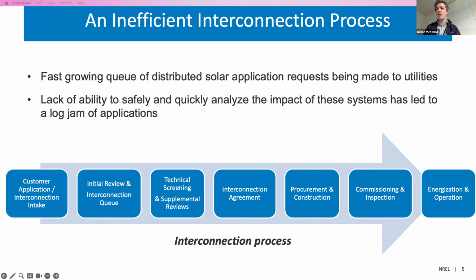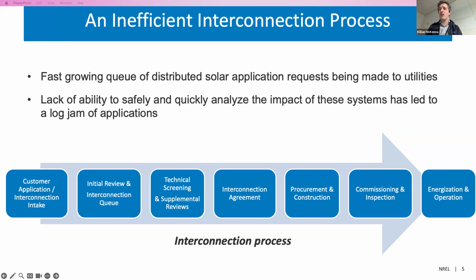In terms of the interconnection process, customers submit applications, that joins an interconnection into a queue, and that goes for initial review. Really where we're focusing is the technical screening and the supplemental reviews, and that's what planning engineers have to focus on in terms of, what kind of impacts is the system going to have to the grid? Can I accept it as is? Do I need to make any recommendations?